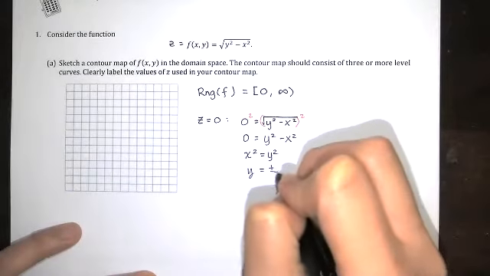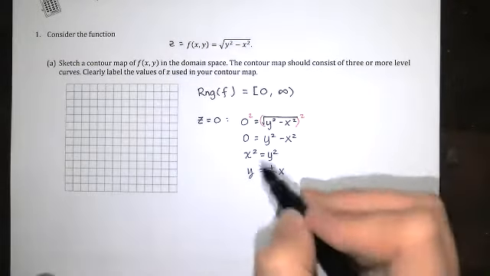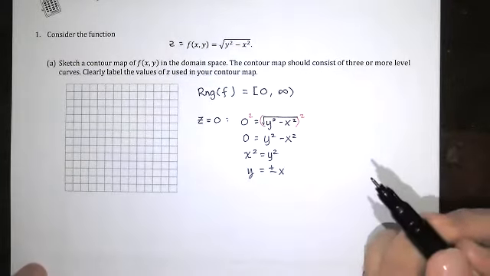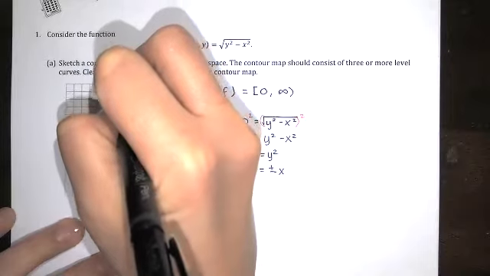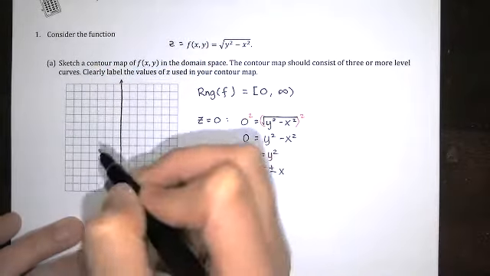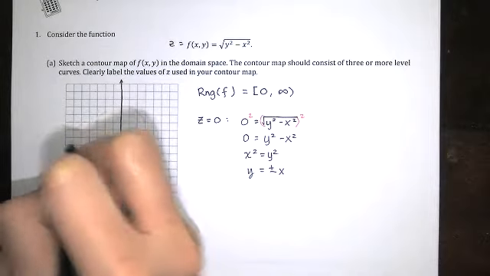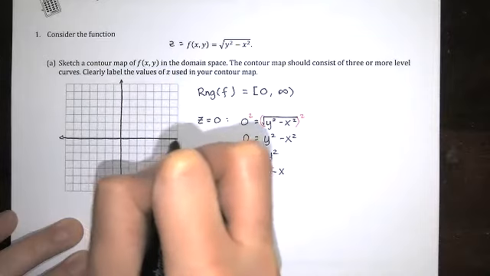So we're going to get plus or minus x there. Y equals x, y squared equals x squared, and if y equals negative x, y squared equals x squared. So this level curve actually consists of two lines, y equals x and y equals negative x.